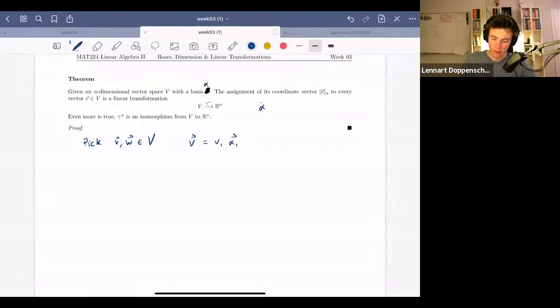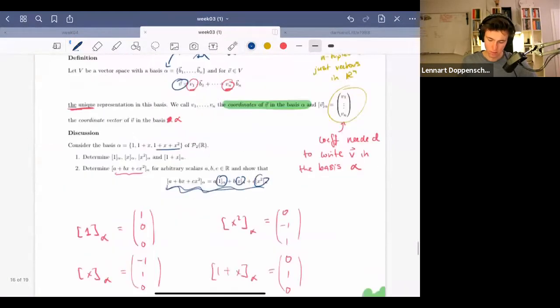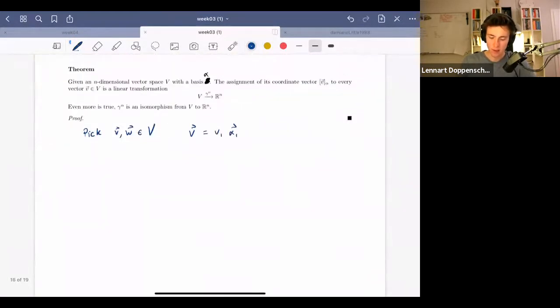I'm aware that alpha used to be scalars, but for notational purposes, I think it's good now to use Greek letters for bases. So let me denote the elements in the basis alpha by alpha 1 to alpha n. So there are n elements in the basis, meaning that it's n-dimensional.